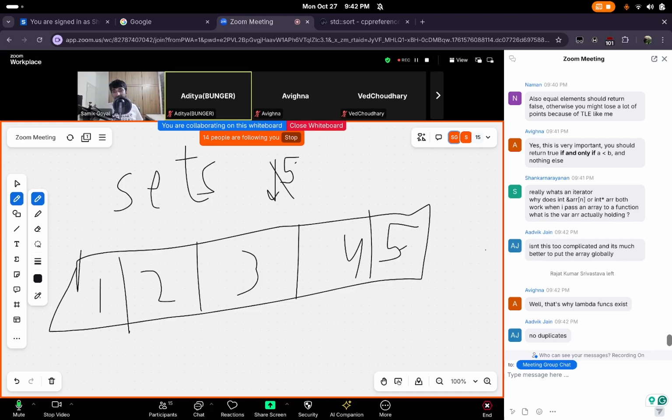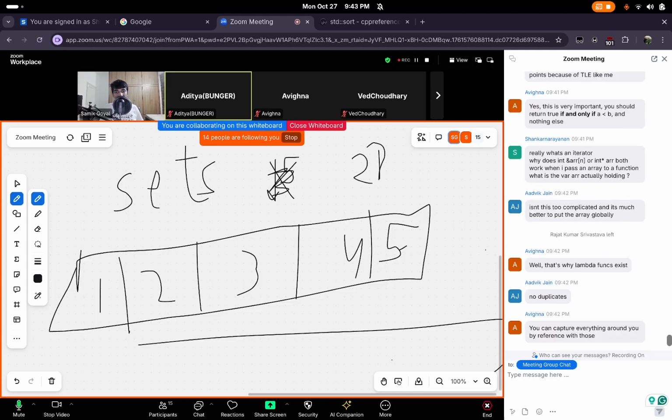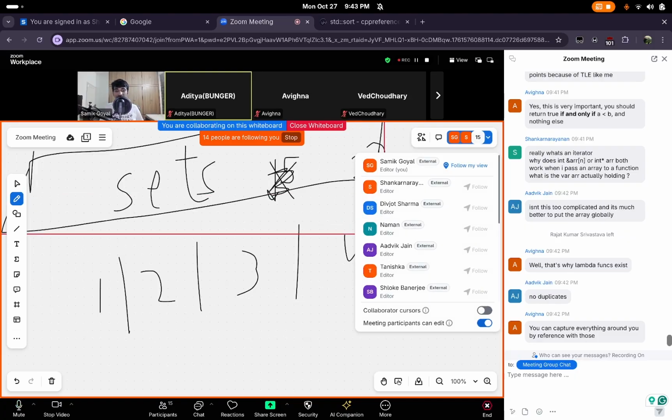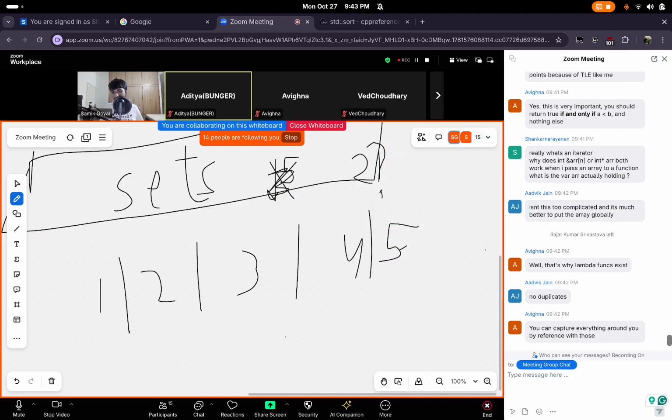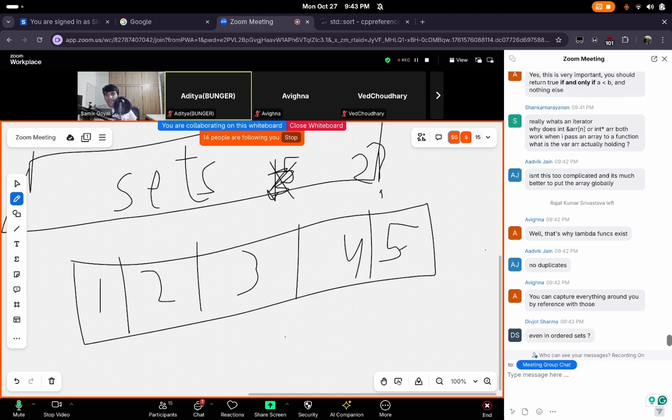So if I have this and if I ask what's the second element, it cannot tell me. What a set can do is it can binary search.